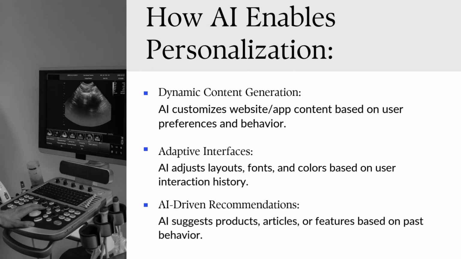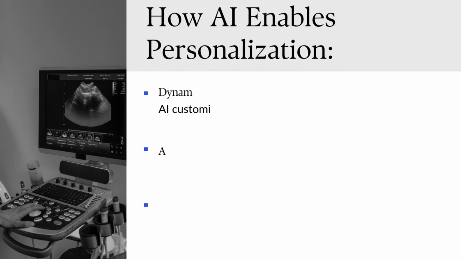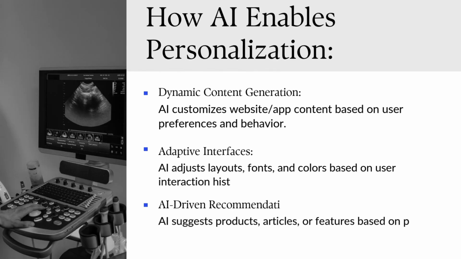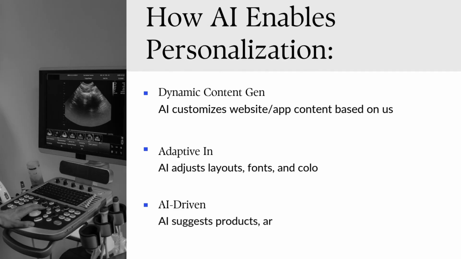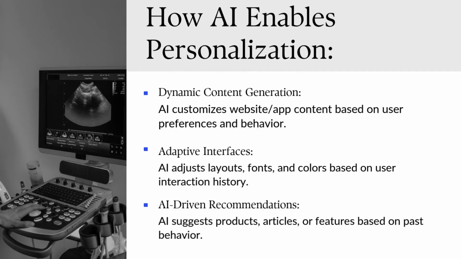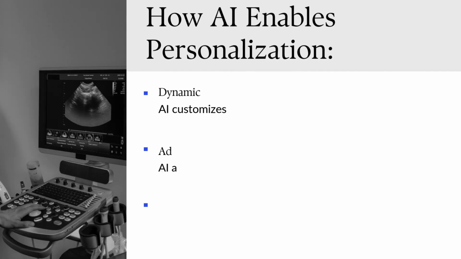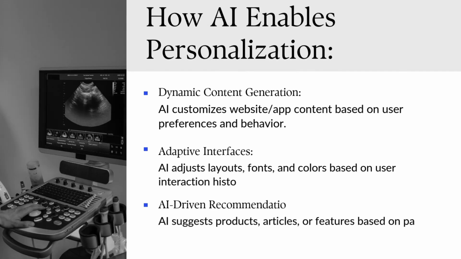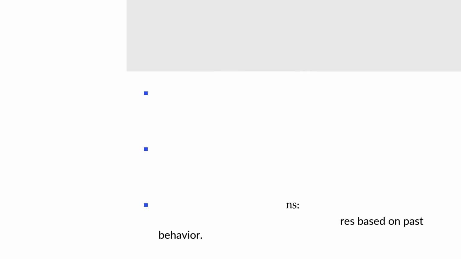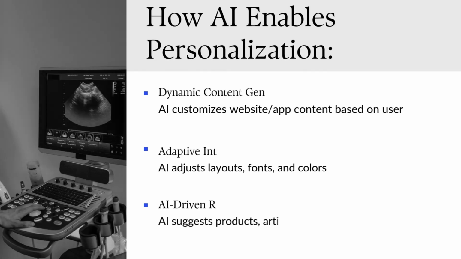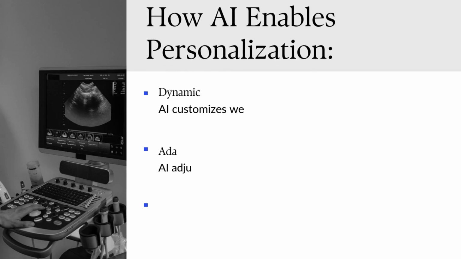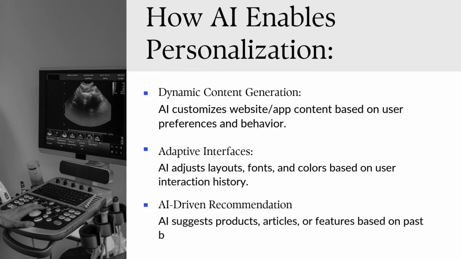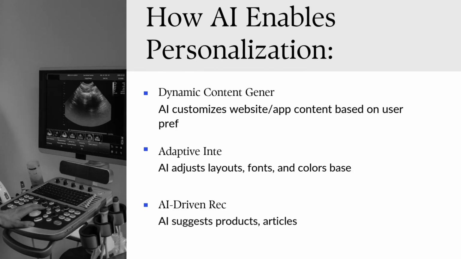With this, AI adjusts layouts, fonts, and colors based on user interaction history. Next is what we call AI-driven recommendation. With this, AI suggests products, articles, or features based on past behaviors.